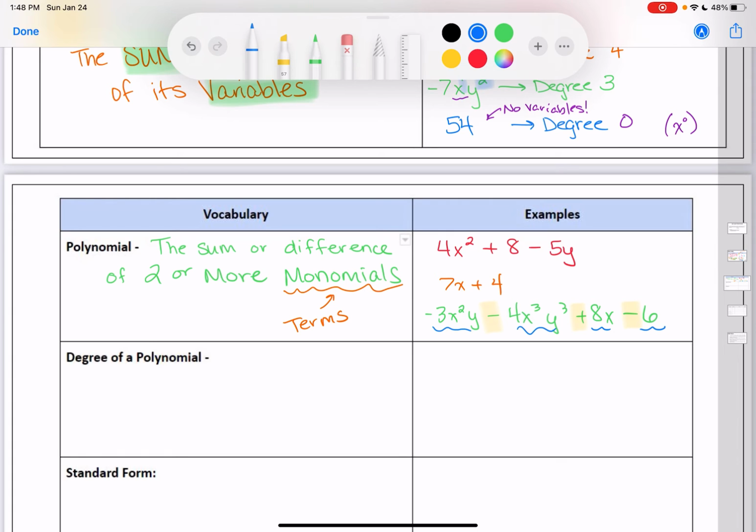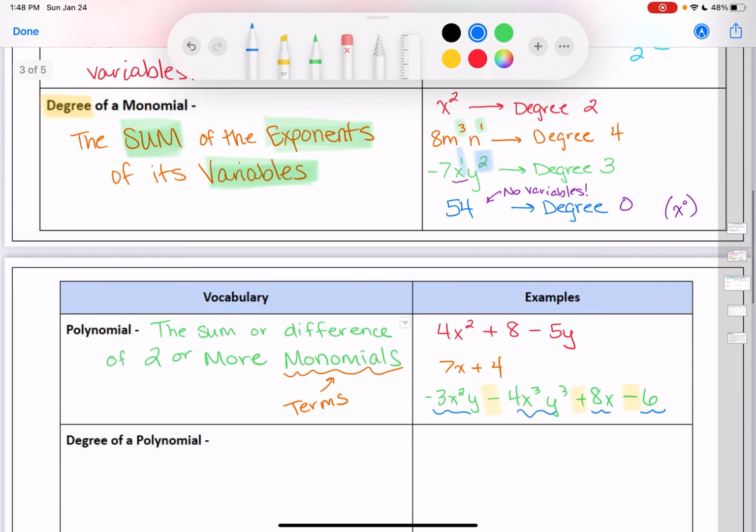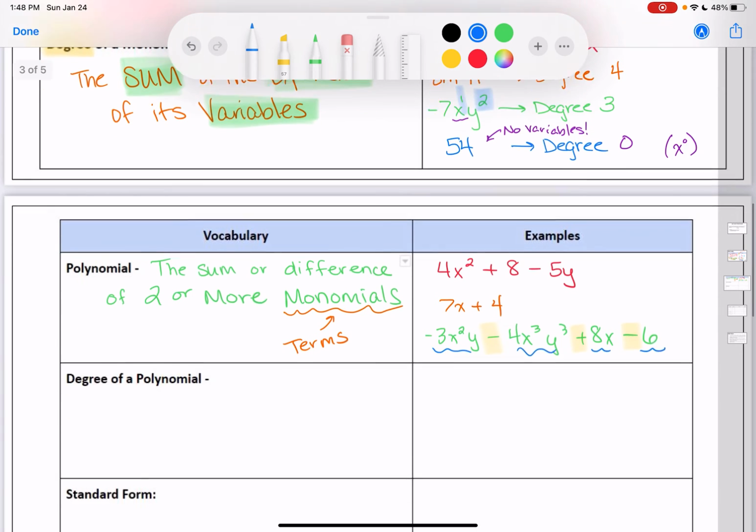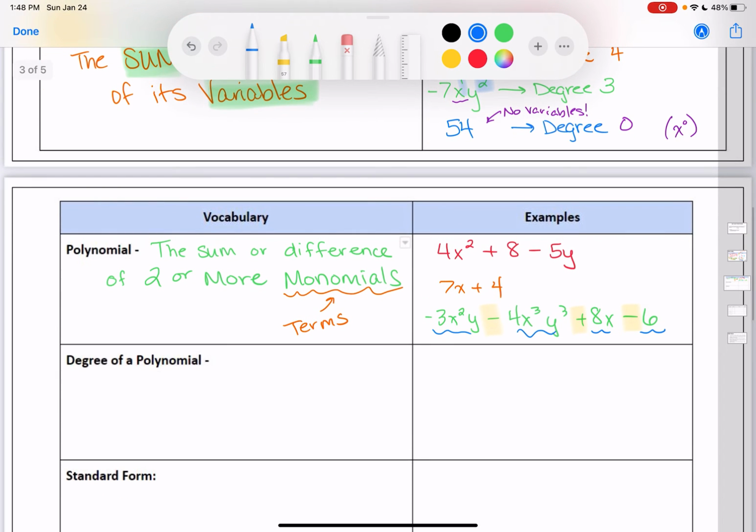Okay. So a monomial was just one term, right? And the degree of that monomial was the sum of the exponents of its variables, right? So the degree of a polynomial is the highest of the degrees of its monomial terms.